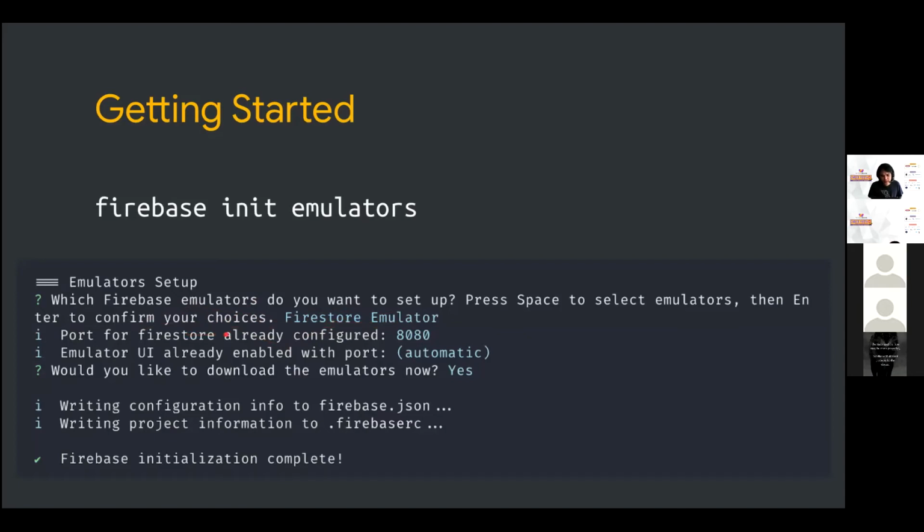It will prompt us also for different config options, like which port to run on. For our emulators, most of the time we can just stick with the defaults. It will also take care of downloading the emulators for us. So here, would you like to download the emulators now? Yes. And once everything is initialized, it will just tell you that it's done.